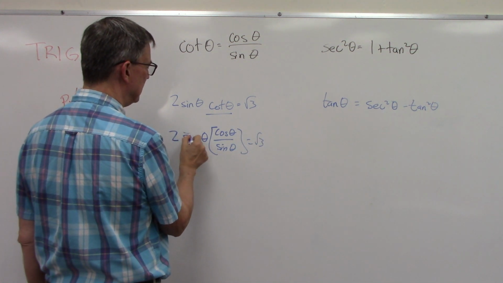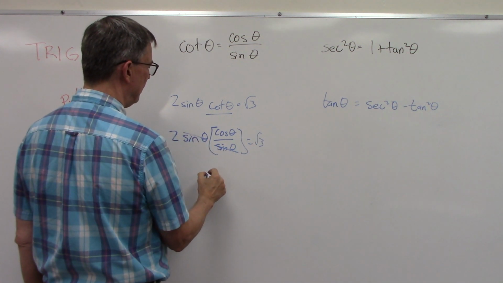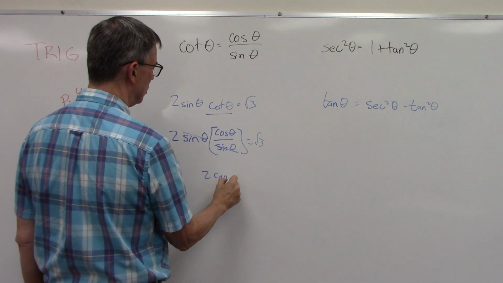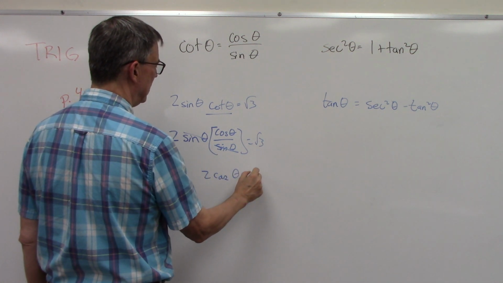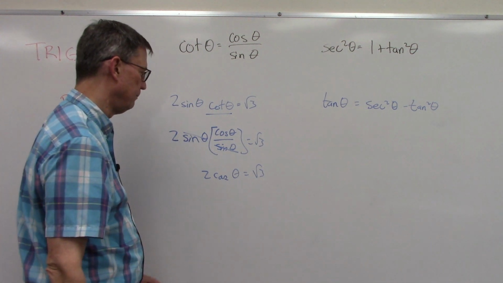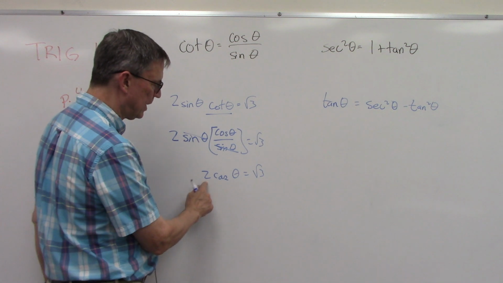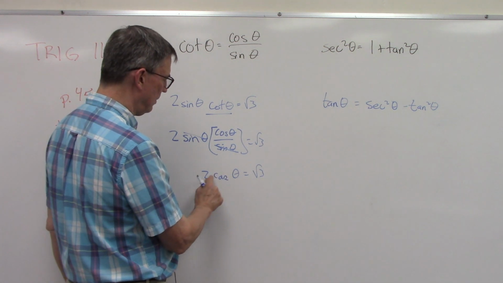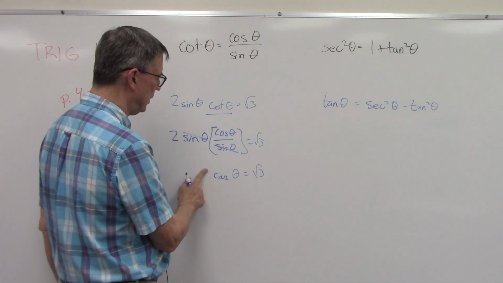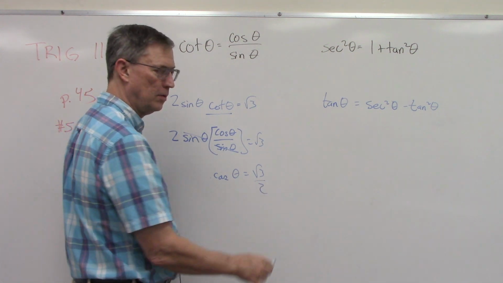Do you see that the sine will cancel that? So I'll have 2 cosine theta equals the square root of 3. Okay? And then once we have that, we can't divide by whatever's right here in front of it, but I can divide by the 2 out front. And so then that gives us that.